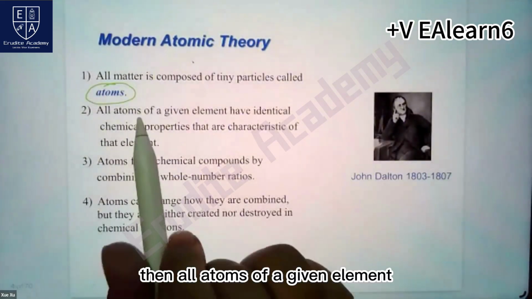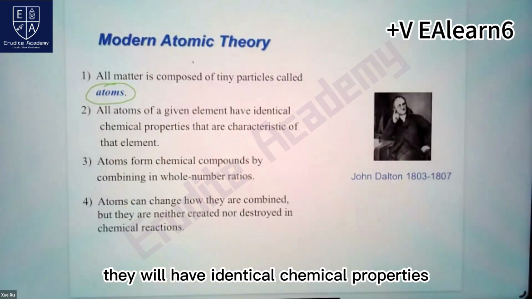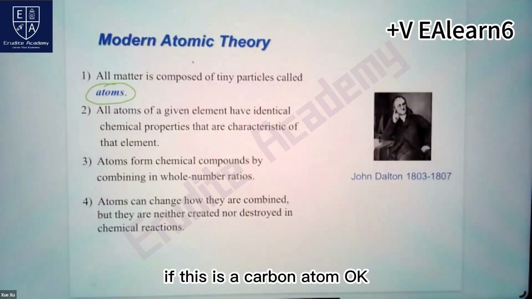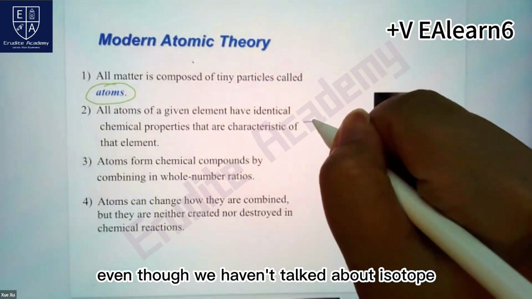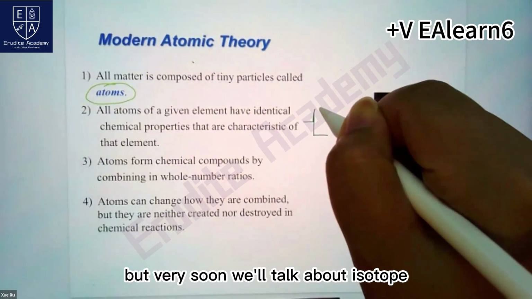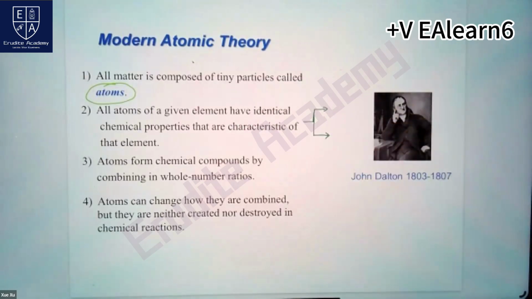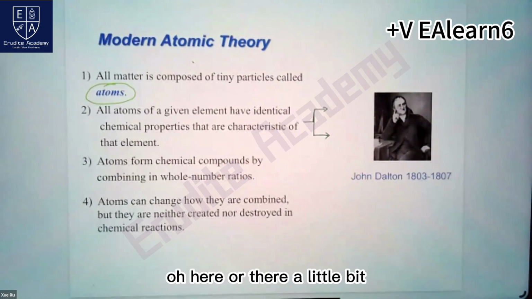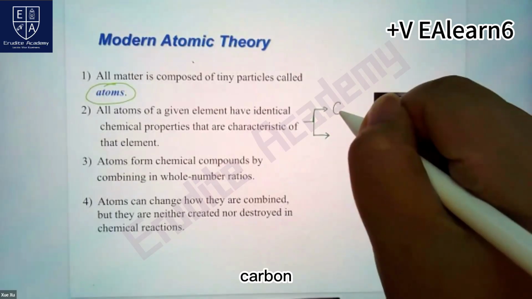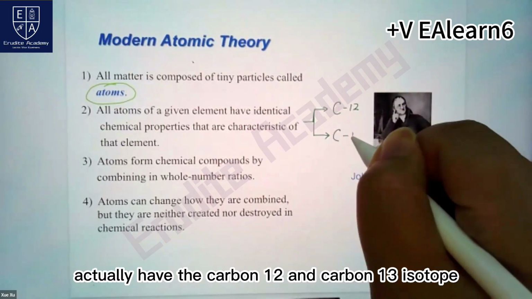Then all atoms of a given element will have identical chemical properties. Of course, if this is a carbon atom, I want to refer to isotopes, even though we haven't talked about them yet, but very soon we'll talk about isotopes. This is for the ones who have heard about isotopes. Have you heard about isotopes before? Here or there, a little bit, right? For example, carbon actually has the carbon-12 and carbon-13 isotopes.